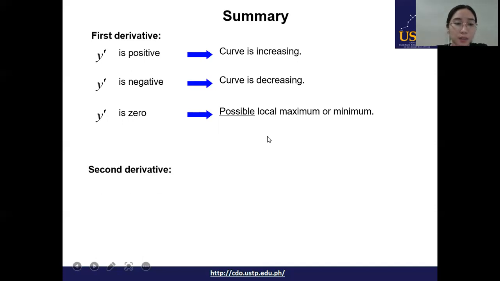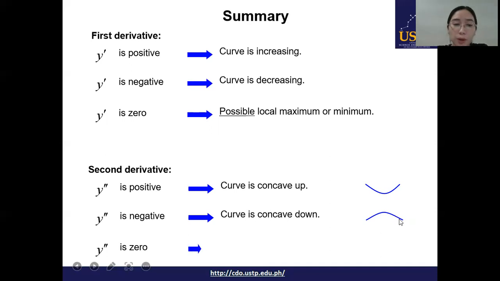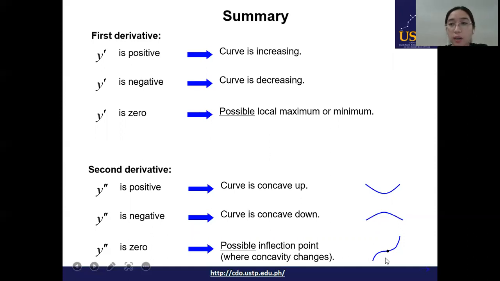And for the second derivative, if y double prime is positive, therefore the curve is concave upward. And if y double prime is negative, therefore the curve is concave downward. And if y double prime is 0, it is a possible point of inflection where your concavity changes from either concave upward to downward or downward to upward.